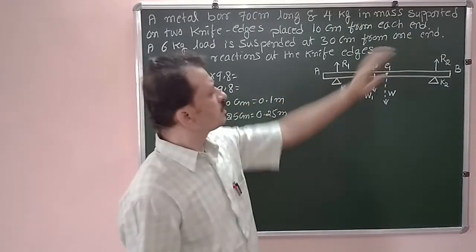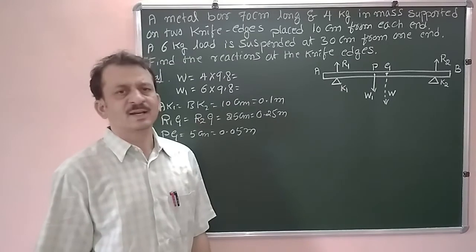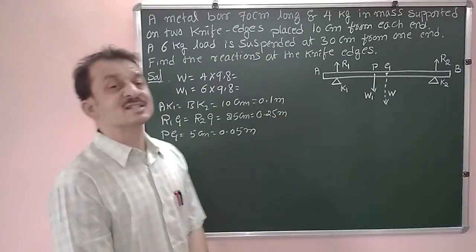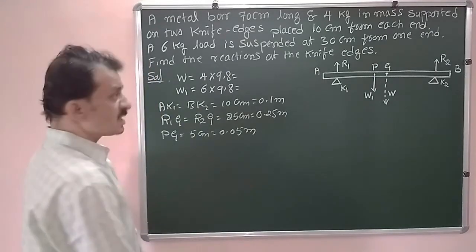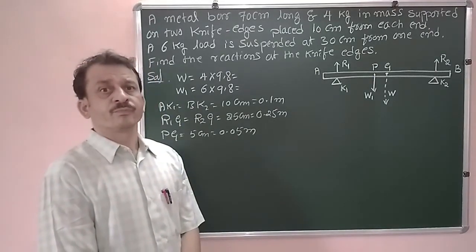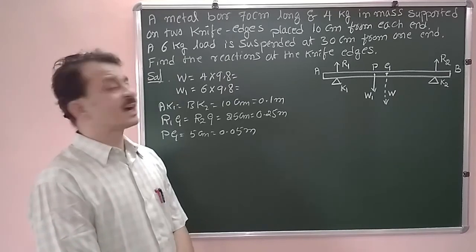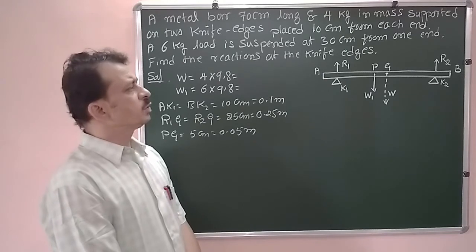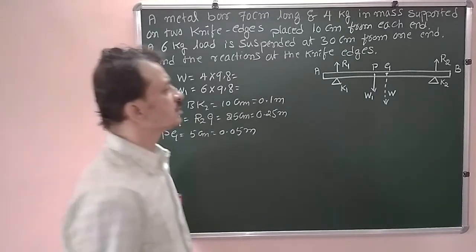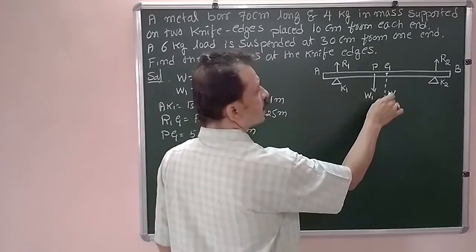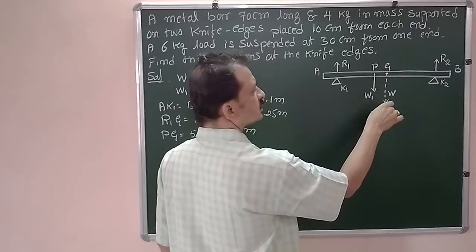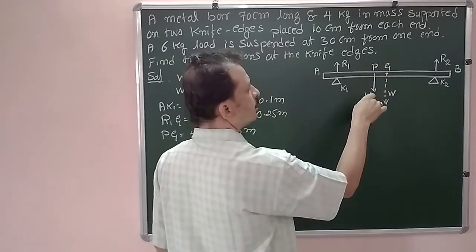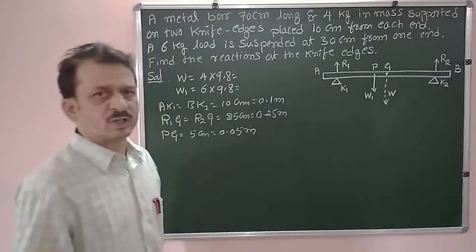Okay. Now this system is in mechanical equilibrium. Now look here. First we consider the translational equilibrium. For translational equilibrium, the vector sum of the forces acting on the bar is 0. Now look here carefully how many forces are acting. Weight of the bar W acting downwards, and the load which is attached at the point P, that is W1, it is also acting downwards.